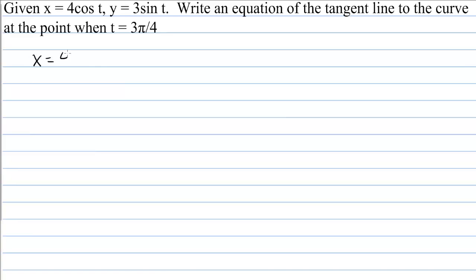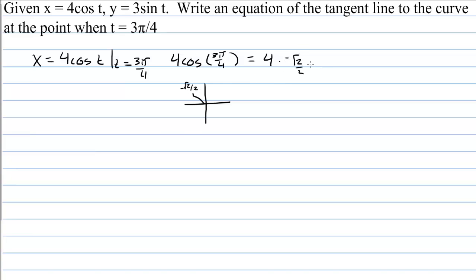x equals 4 cosine of t evaluated at t equals 3 pi over 4. So that's 4 cosine of 3 pi over 4. Cosine of 3 pi over 4 is negative square root of 2 over 2, so 4 times negative square root of 2 over 2.